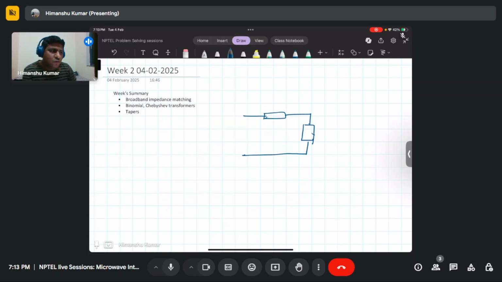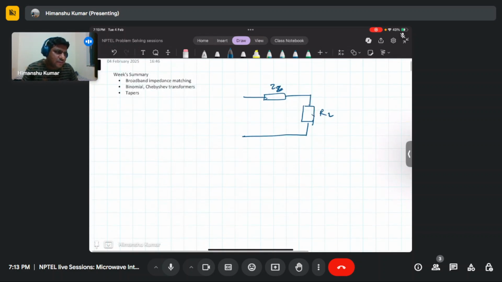So basically, to match the load, let's say this is Z2, and let's say you want to transfer to this load.